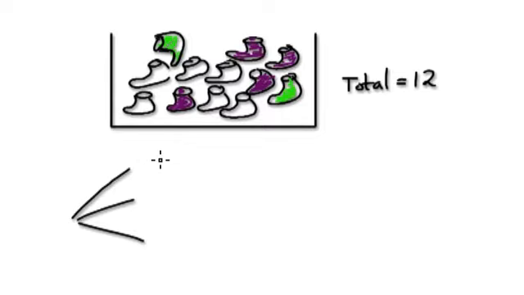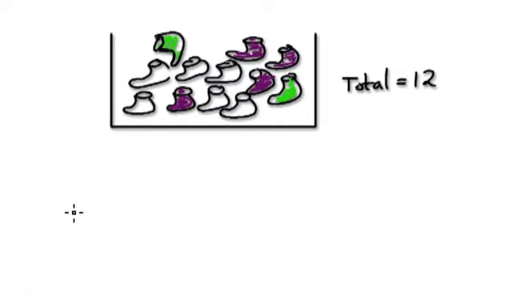Draw a map of all the things that could happen, and once you've got your map, work out the probability of getting 2 socks of the same color. Okay, so press pause and have a go.